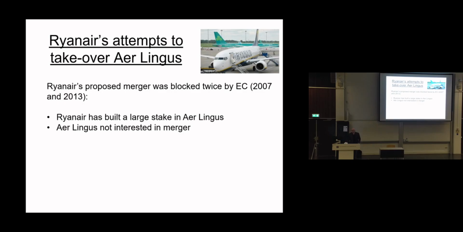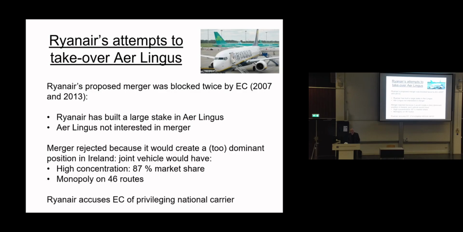The idea was Ryanair wanted to merge with Aer Lingus, an Irish airliner. Ryanair already had a large stake in Aer Lingus, but Aer Lingus was a smaller company. They were not interested to merge, basically to be taken over by Ryanair, and they went to the European Commission.